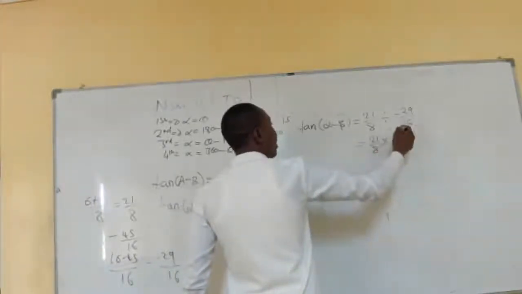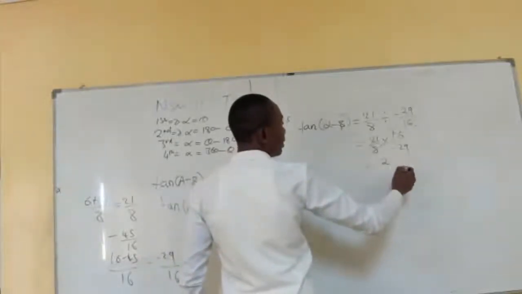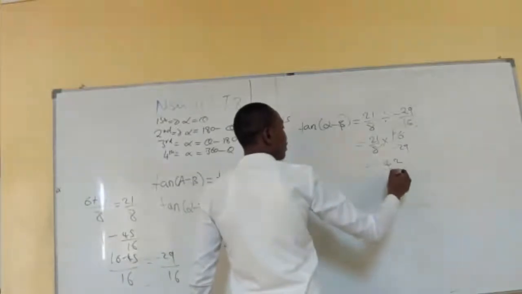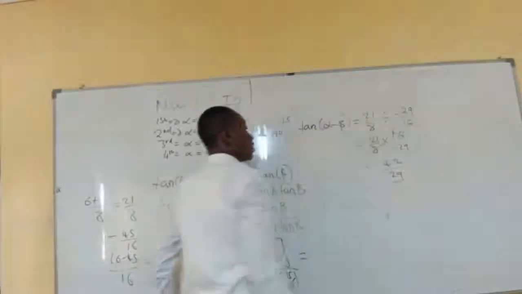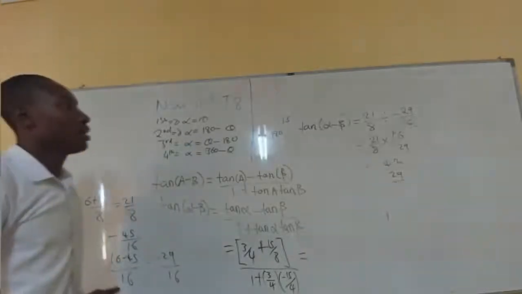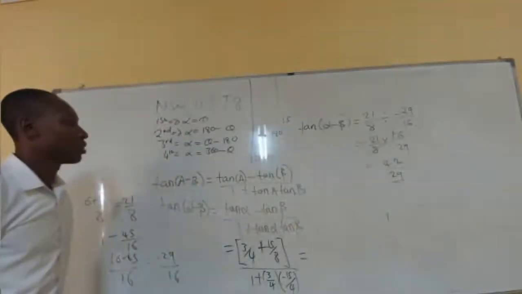This can go there 2 times. So 2 times 21 is actually 42, so negative 42 over 29. Right, so this is your answer. So the answer is negative 42 over 29.